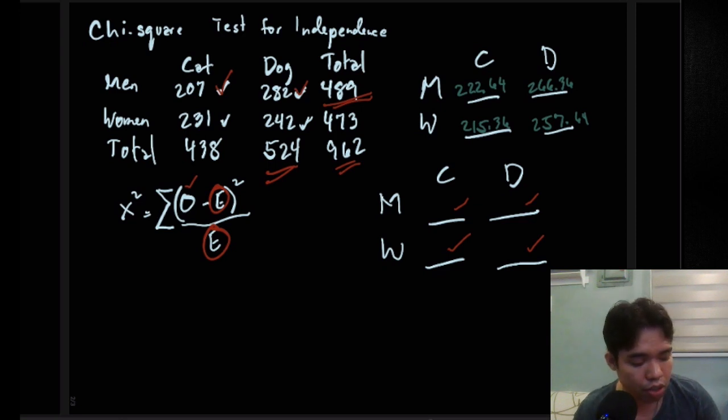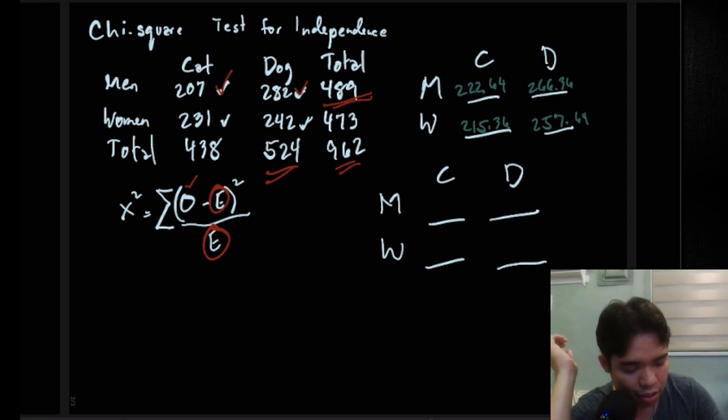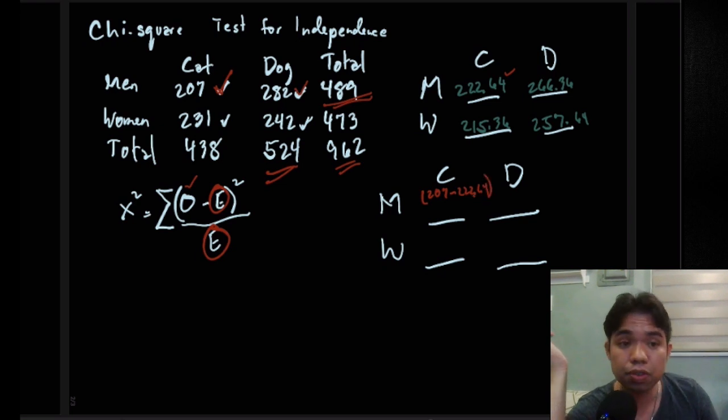We compute using the formula: observed minus expected, squared, divided by expected. For this cell for cats, it's 207, that's the observed, minus expected, 222.64. Again, do not round off unless it's more than 2 decimals. Round off to 2 decimals, and then square the answer.